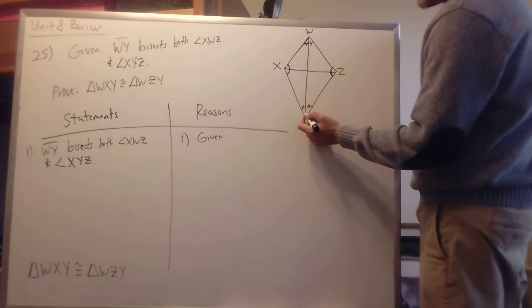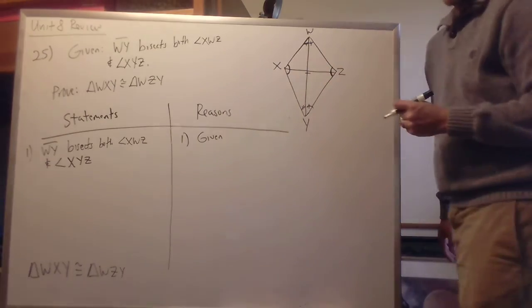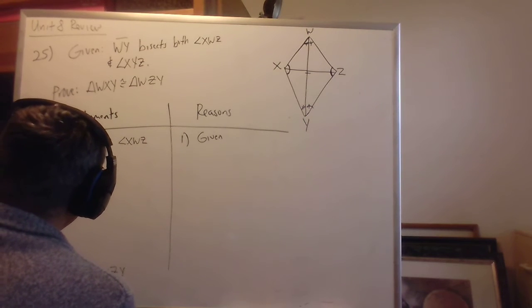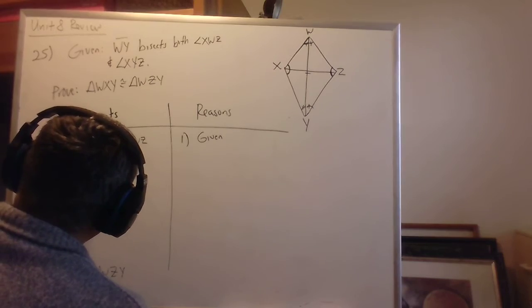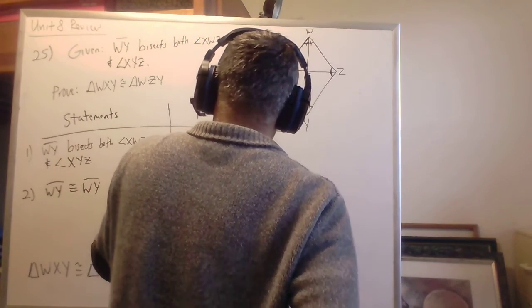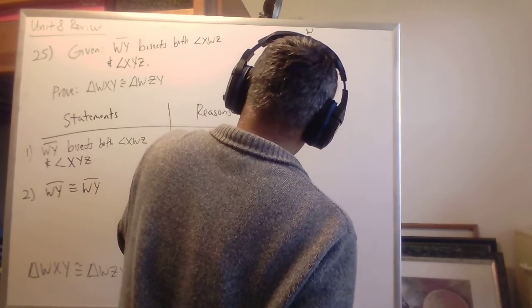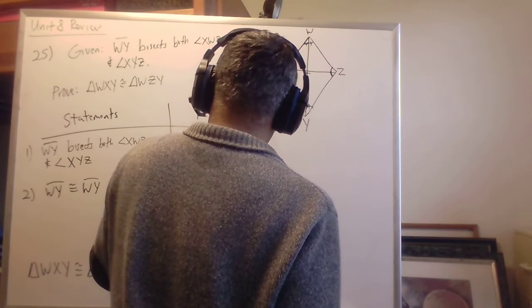So if we look at W and Y, we could say that it's congruent to itself. So what I want to do is say that segment WY is congruent to segment WY. And that's because we have what's known as the reflexive property of congruency.